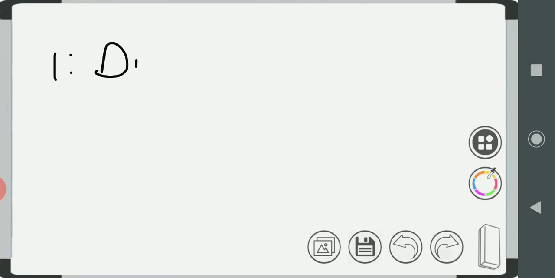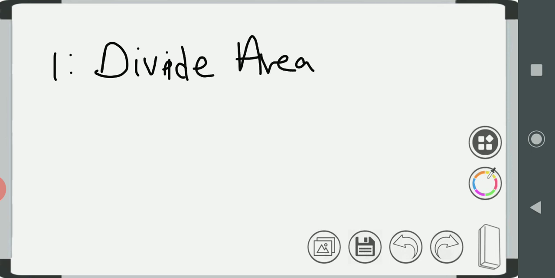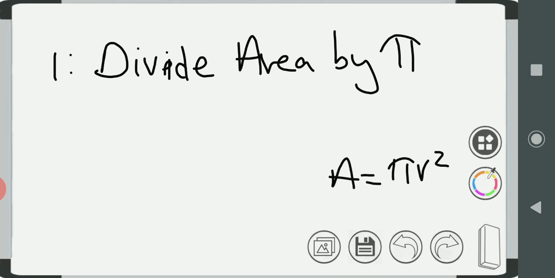Let's divide the area by pi. Remember how we did that? We had area equals pi r squared, and we divided it by pi.